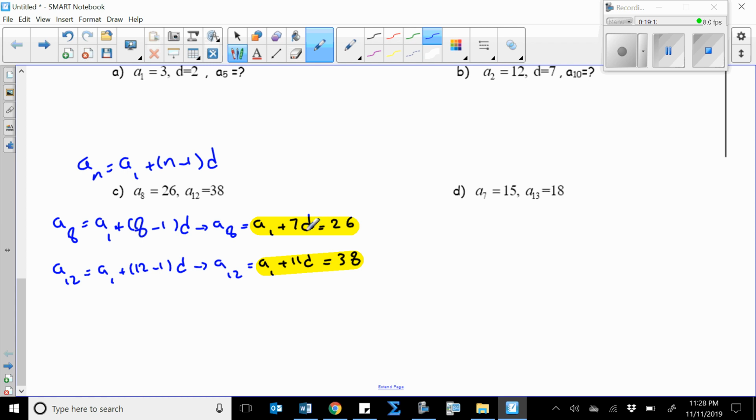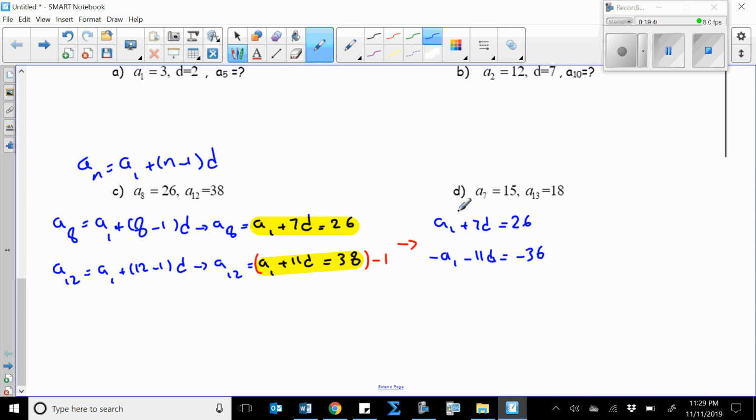How do I solve that? I can multiply the bottom one by negative 1. So I'm going to have A1 plus 7D equal to 26 and negative A1 minus 11D equal to negative 38.